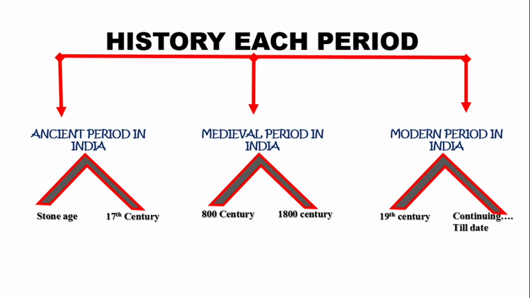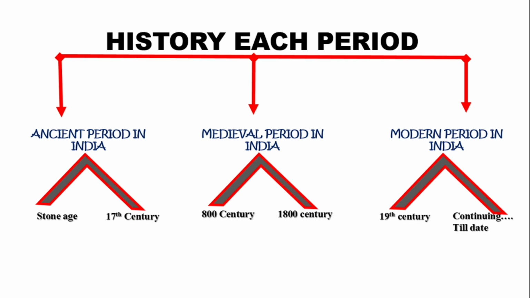Modern history is the present history; it keeps on continuing and never ends. Recent events that keep linking with history are considered modern history.